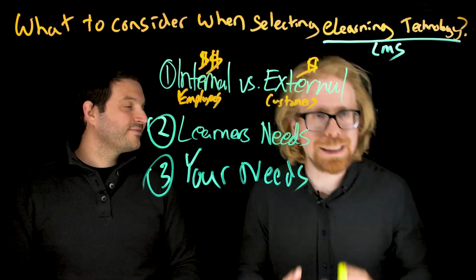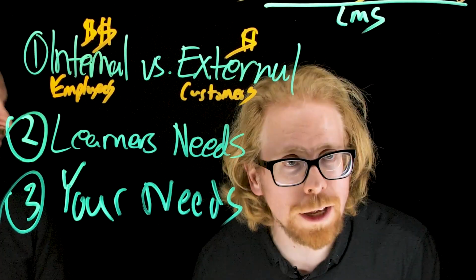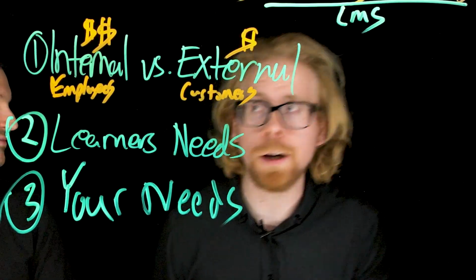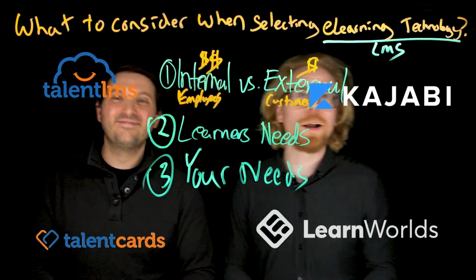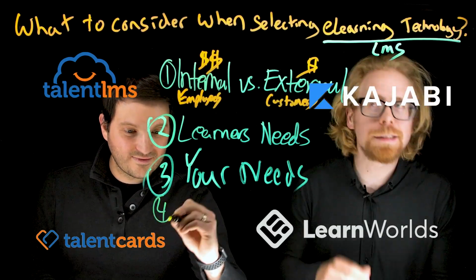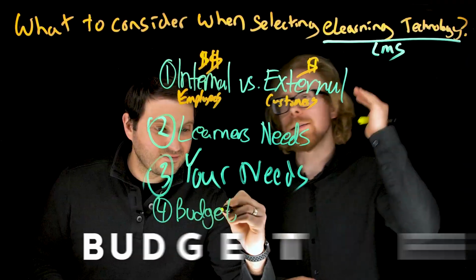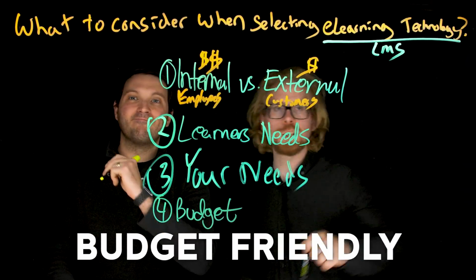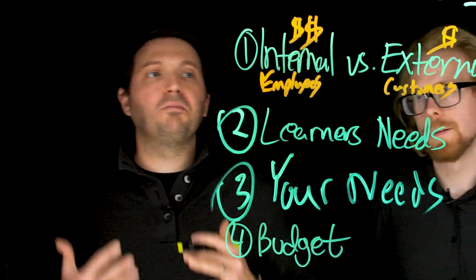You need simplicity. That's why we recommend 4 different LMSs. Hector said them. They're on the screen right here. These 4 LMSs are the best from the learner's perspective and from your perspective. Nice and easy, and they're budget friendly. Exactly. That's the 4th thing: what is your budget?